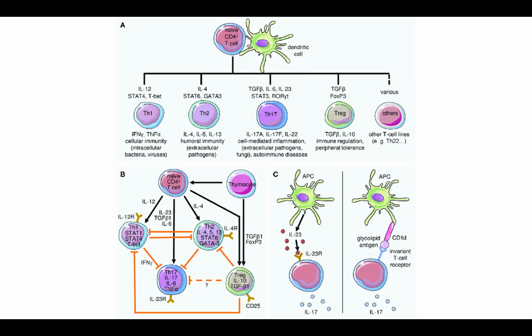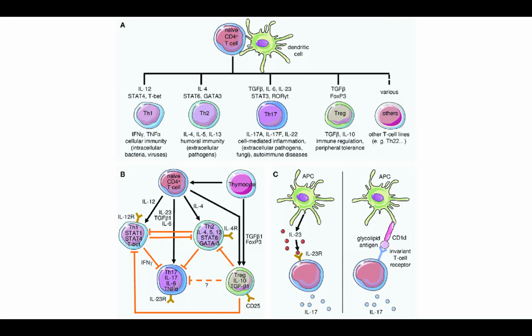All right, now on the right side here is an antigen-presenting cell, and it is using the CD1 pathway. There's a glycolipid antigen, and it's attached to a T cell receptor that's kind of generic.